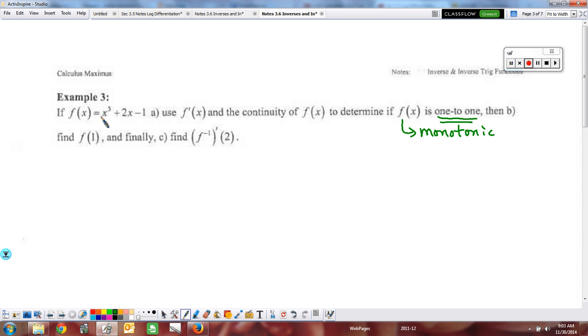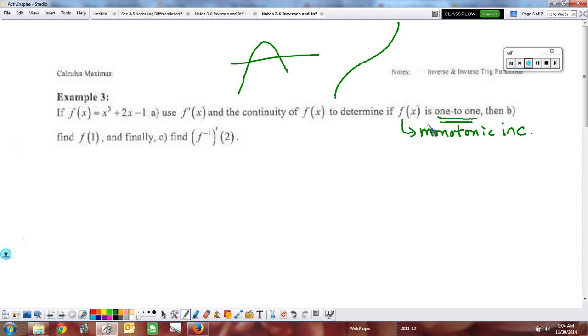Now, this is an x to the 5th with a positive lead coefficient, so we need to show that this is monotonic increasing, because if it went up and then came down, then it would fail the horizontal line test. So if we can show that this function is always increasing, then it would clearly pass the horizontal line test, which would mean that it is definitely 1-to-1.